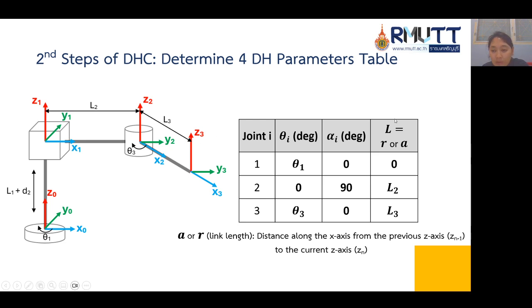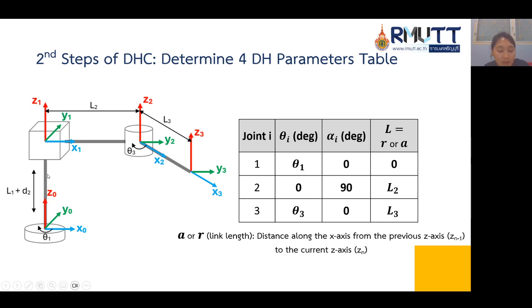And for the third column, the link length, with the symbol R or A, this is the distance along the x-axis from the previous x-axis to the current x-axis.